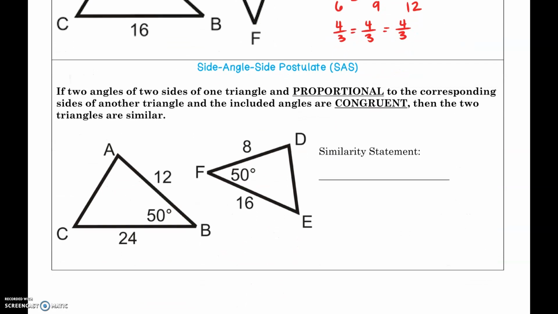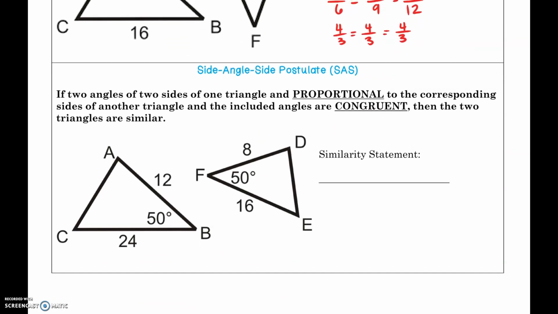We can also use side-angle-side postulate. So if two sides of one triangle are proportional to the corresponding sides of another triangle, and the included angle, so the angle in between the proportional sides, are congruent, then the two triangles are similar. So here we have the ratio of the corresponding sides, right?